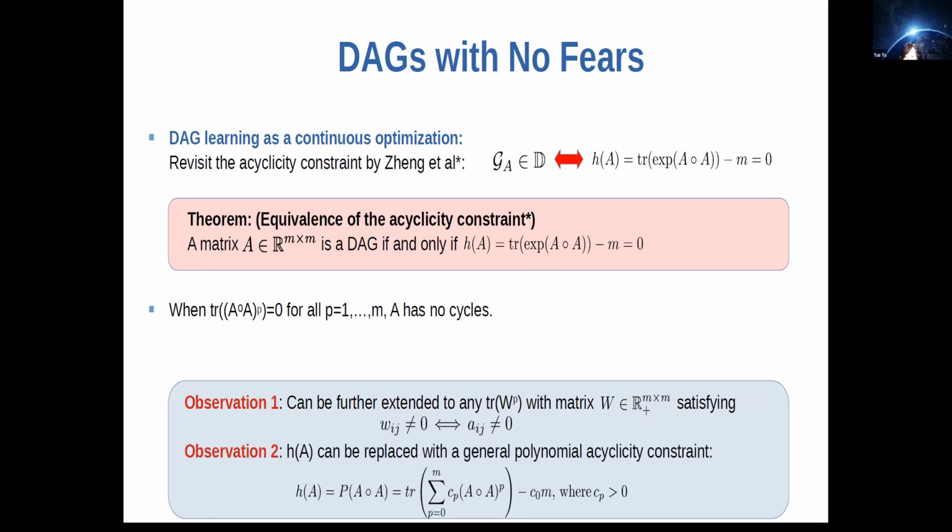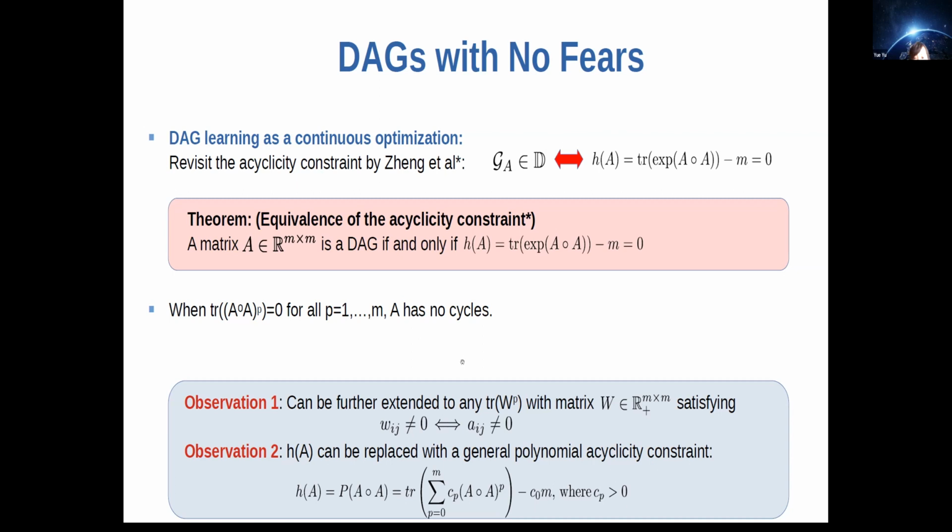The second property we try to modify is that the original one uses an exponential, but when the matrix becomes large, the exponential grows exponentially. Even when using the exponential, any power p larger than n is actually wasted. We don't need that because it's not possible for this matrix A to have cycles of size n+1. It only has n nodes.